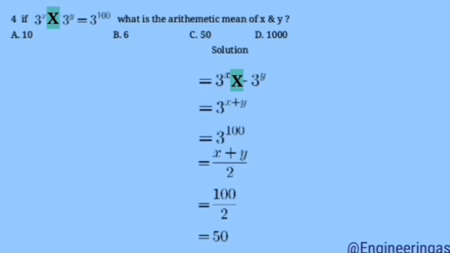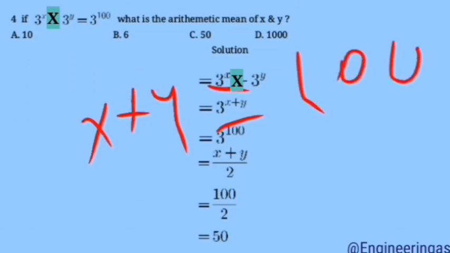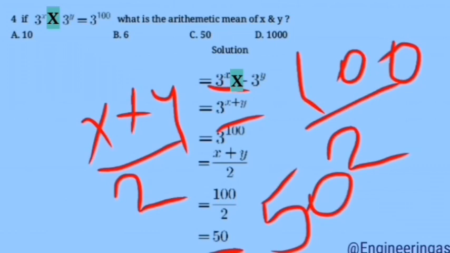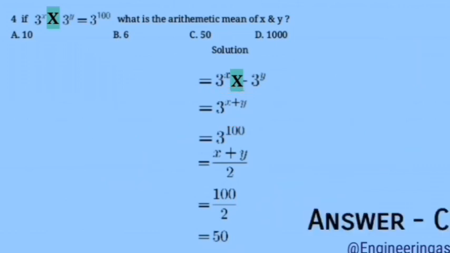So x plus y equals 100, right? Now we need to divide this by 2. So x plus y over 2 equals 100 over 2. So this will be 50. So the answer will be 50. So the answer will be C.